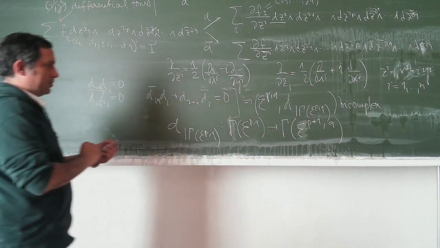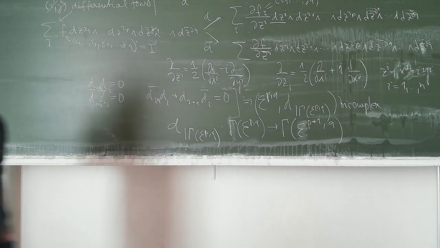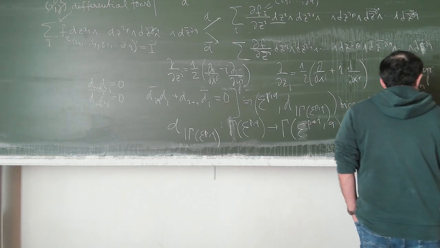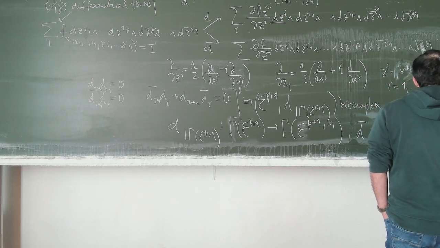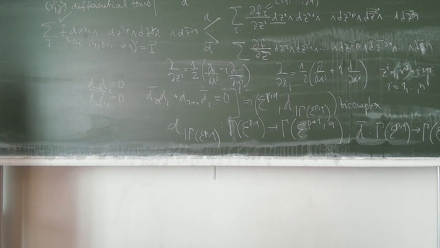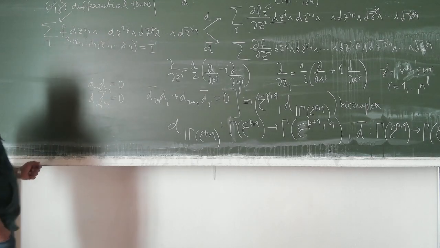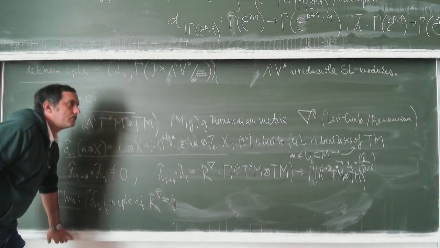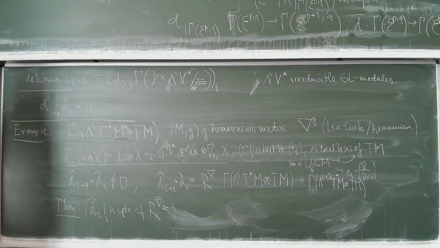I mean, (p,q) goes to (p+1,q). So there is also no curvature seemingly, but if we start with an almost complex manifold, then there will be something like an obstruction for these to be a chain complex.